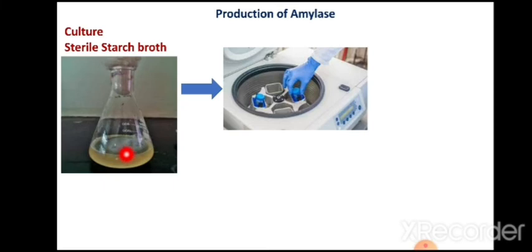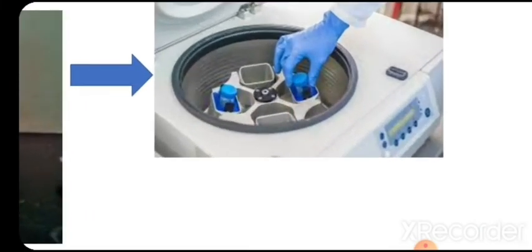As the enzyme is produced extracellularly, the first step is to separate the biomass. Biomass is the insoluble impurity, we can say, which has to be separated from the aqueous solution. Your amylase enzyme is dissolved in the aqueous solution. So the simplest method is centrifugation.